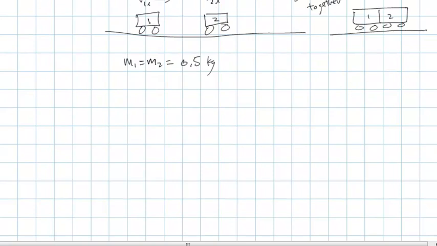You might think you can use energy to solve this problem. You cannot. When objects deform, when one object becomes two, like a firecracker exploding as it travels through the air, or when two objects become one, like these carts on this track, we know for certain that the mechanical energy is not the same before and after.